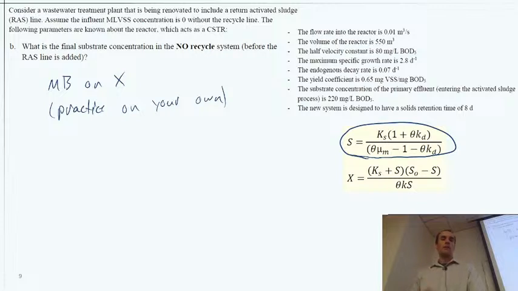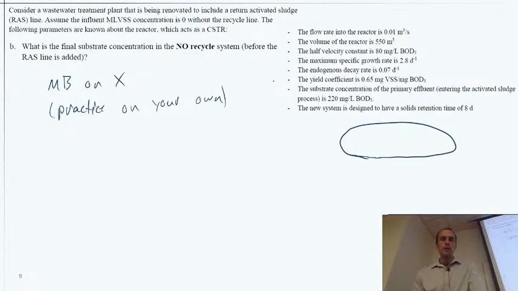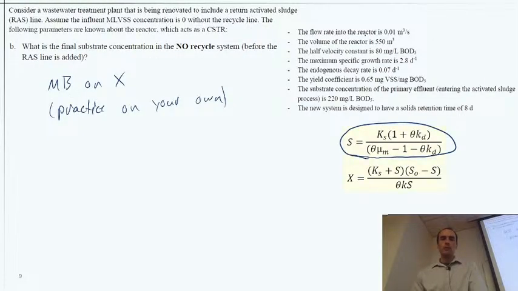It also called for there to be no bacteria in the influent, which was what we saw. Assume the influent concentration was 0, right? So that plus the no recycle gave us the ability to say we can use this equation, x naught equals 0. That allows us to use it. If any of those pieces were different, we can't use this equation, right?